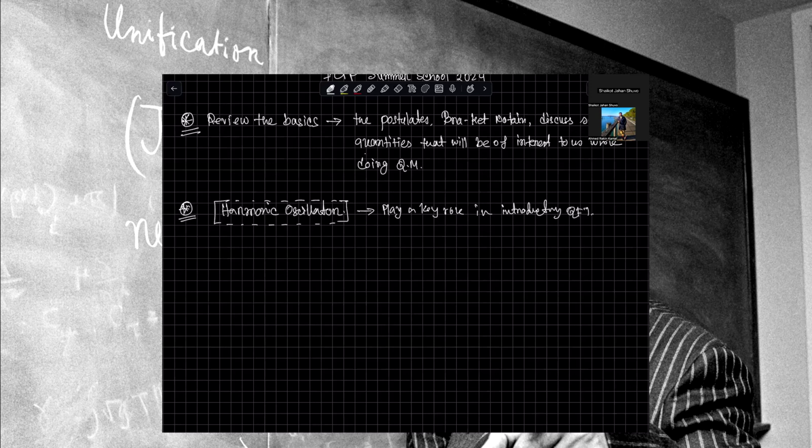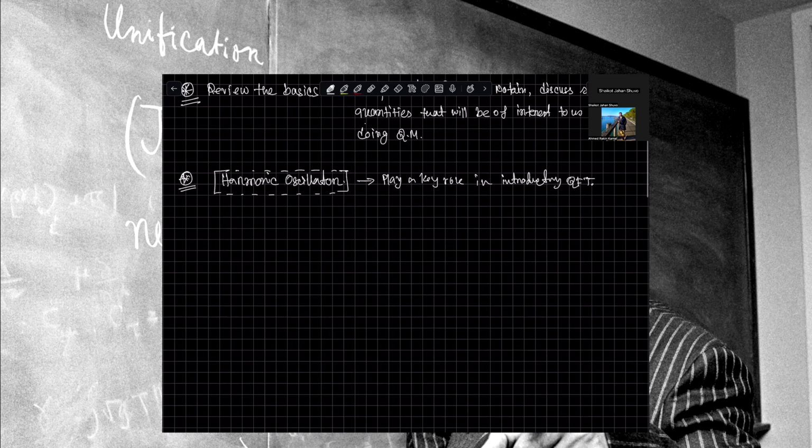Like a lot of the material translates over to QFT. So this is something we'll try to see. And lastly, if time permits, I'll just give you guys a glimpse of the Dirac equation. That is if time permits.